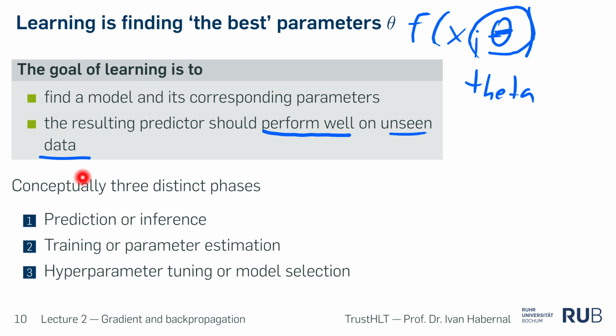So we want to find something which, yes? Would theta then be something we call model weights? It could be, exactly, we can also call this weights in deep learning. In general, it's our parameters. Weights are what they are called in deep learning, and these will basically be some matrices maybe or some other things, yes. Good, and we want to find those that perform well on unseen data.